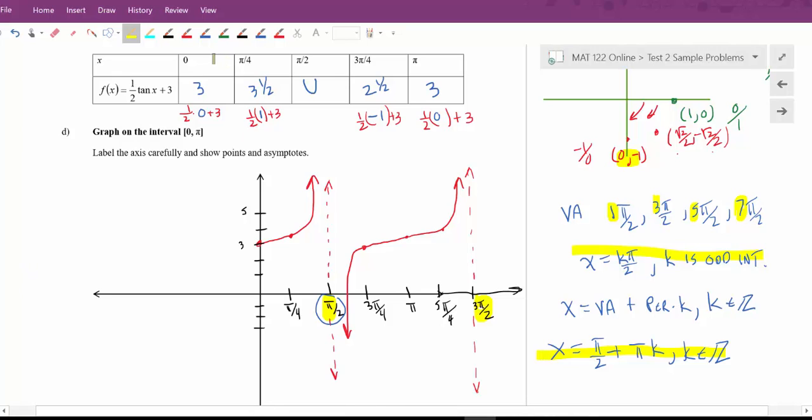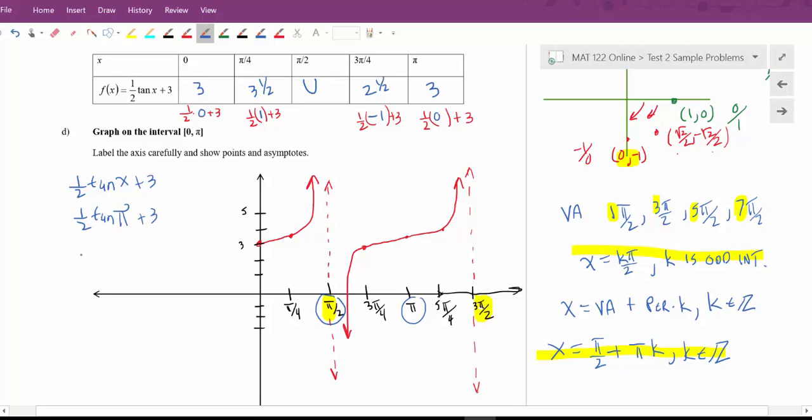Now, one other thing I want to do on this is do a check. So it's a good idea to just pick a point. You're checking 1/2 tangent of x plus 3. So again, what we're doing with this is just pick any point you want to. It doesn't matter. Let's pick pi. Why not? So let's do 1/2 tangent of pi plus 3.